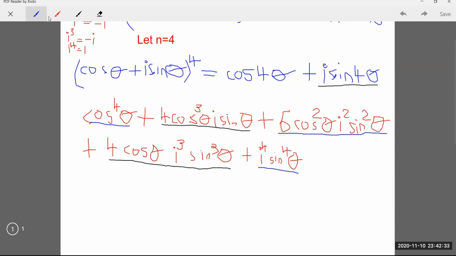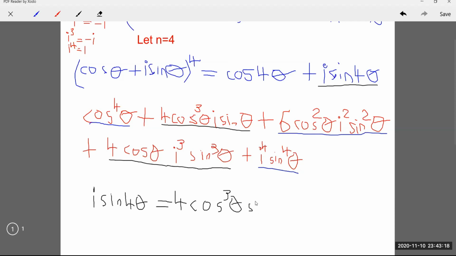So equating the imaginary side, we're saying that I sine 4 theta is equal to, now, as we just mentioned, I cube is minus I. And so what we're getting is 4 cos cube theta, I sine theta.